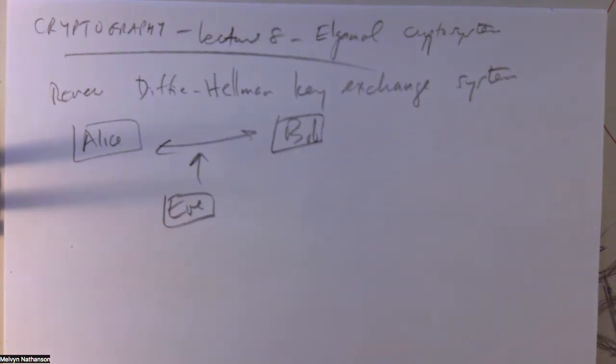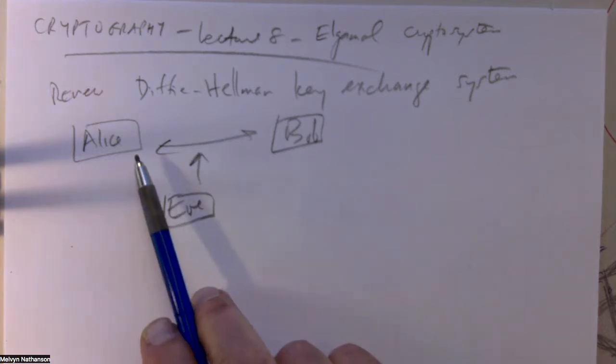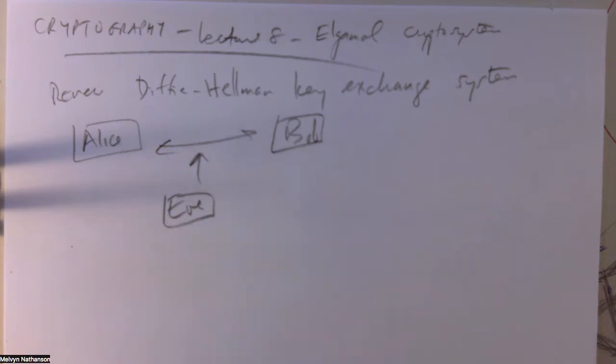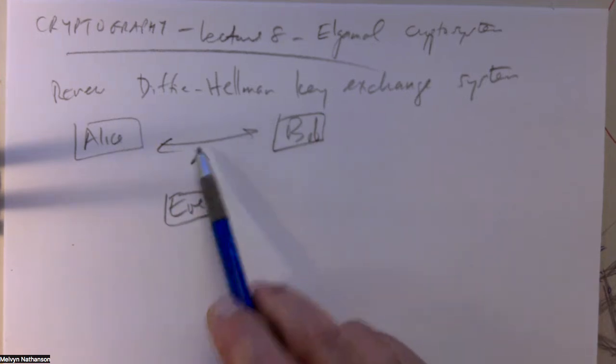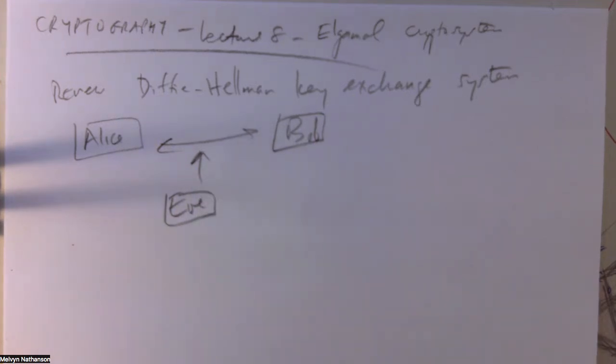So how do they get this key? So the problem to solve was, how do you send the key? How do Alice and Bob both end up knowing the key, but Eve, who's trying to intercept their communications and does intercept every communication, doesn't know what the key is.